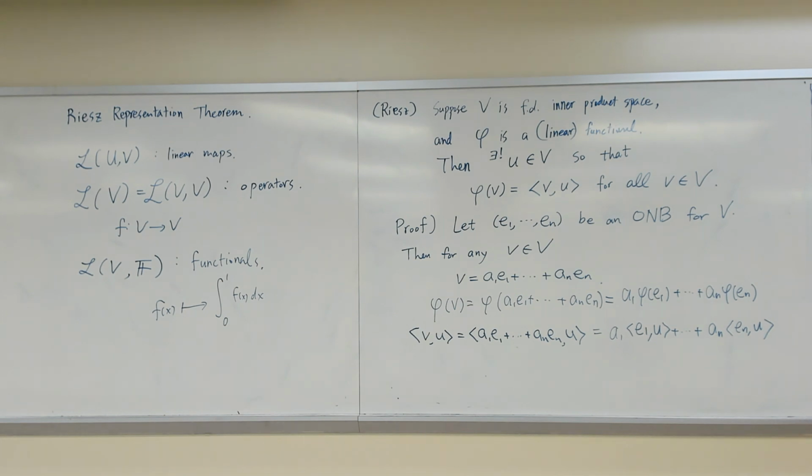So it looks like we know what to do. It seems like I need E1U to be phi of E1 and ENU to be phi of EN.